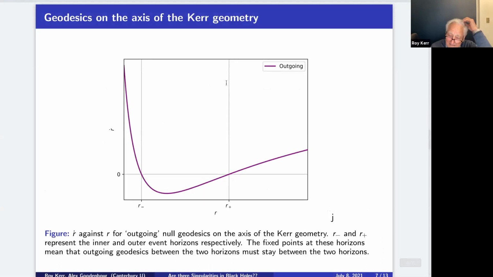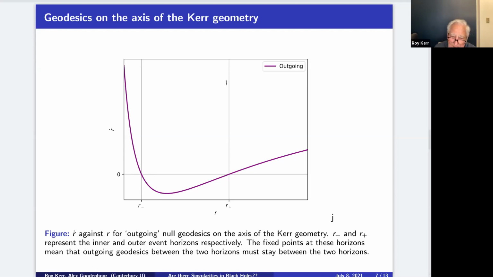Okay, now that says, next please, that you can see that if you plot r dot against r for this outgoing null geodesic on the axis, you notice it's positive in the left-hand segment, negative, then positive.